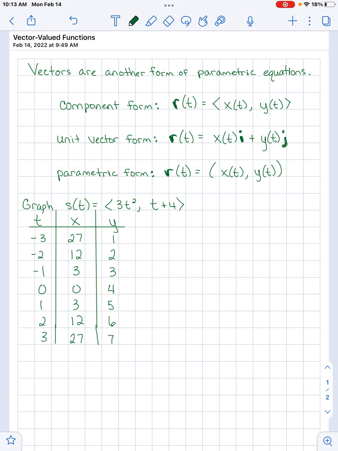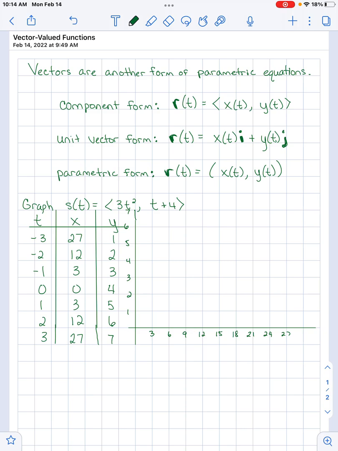So let's see if we can graph this out and see what it looks like. The x values are pretty large, the y values not quite so much. Let's create an x and a y axis here, and we'll leave enough room for the y values to go up to 7. We're going all the way up to 27, so let's count by 3s: 3, 6, 9. And on the y-axis, 1, 2, 3, 4, 5, 6, 7.